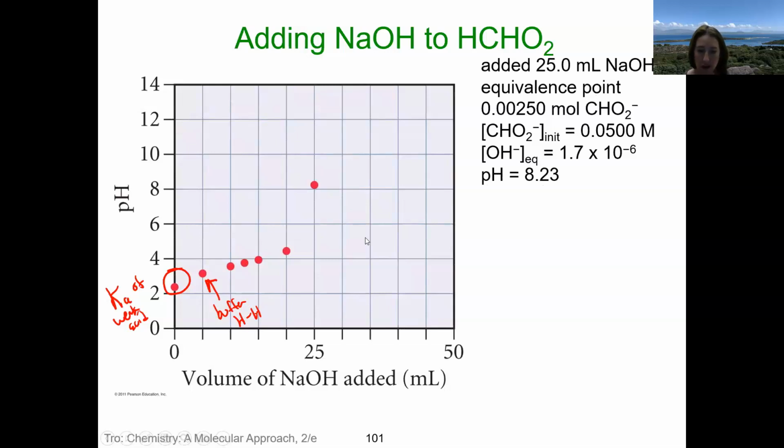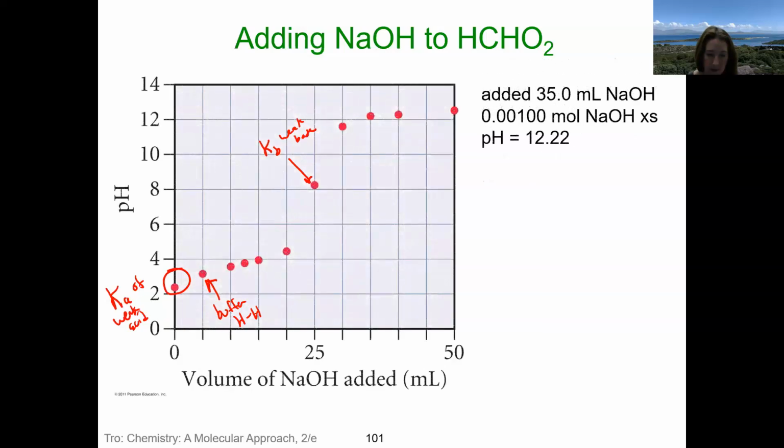Now, after we added 25 milliliters, at this point, our moles of our base equal the moles of our acid. And we found this pH doing the Kb of the weak base. And then when we did 35 milliliters, which we didn't do 35, right? I thought we did 30.